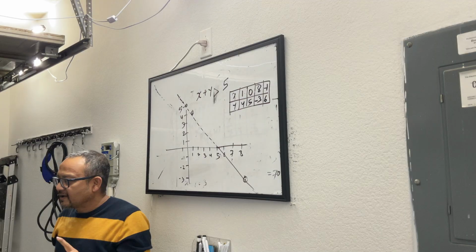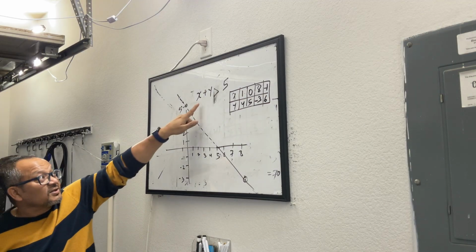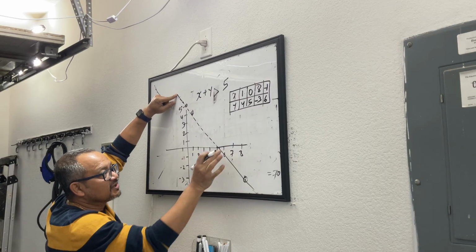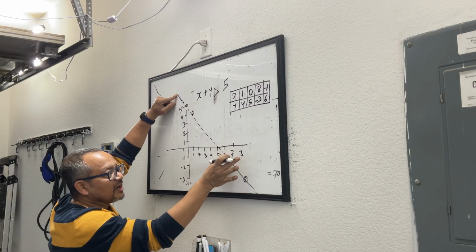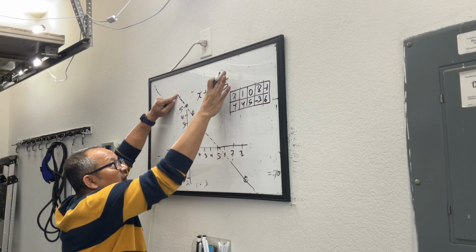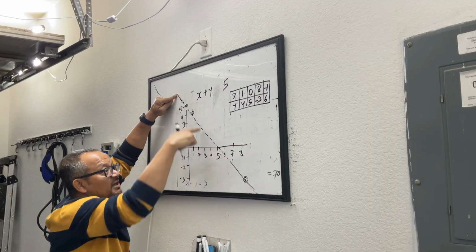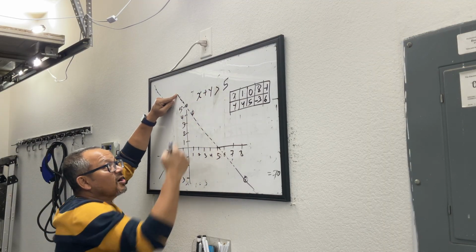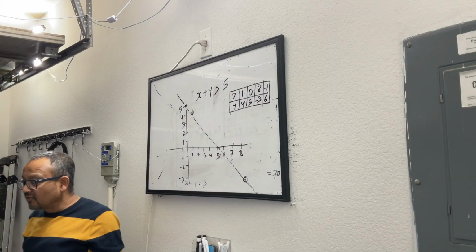Okay. So now x plus y is greater than 5. What you saw me drawing here, this line was for x plus y equal to 5. Now I'm saying this line represents only x plus y equal to 5. But we have to draw for x plus y greater than 5. What I'm talking about?